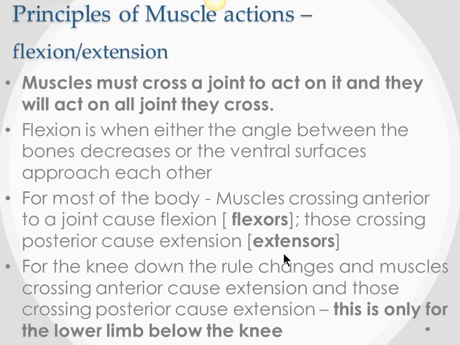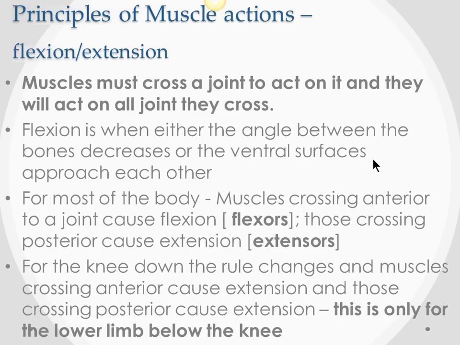But when you do flexion of the shoulder, and you take the humerus across the body this way, there is no decrease in angle as much as the ventral surfaces are coming close to each other. So that's the other definition of flexion.